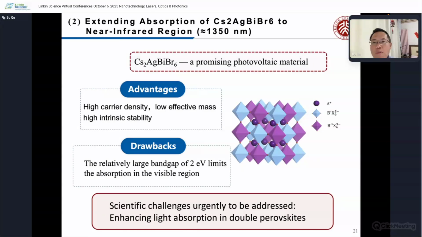Double perovskite is a promising photovoltaic material with the advantages of high carrier density, low effective mass, and high intrinsic stability. However, the relatively large band gap of 2 eV limits the absorption in the visible region. Therefore, the scientific challenge urgently to be addressed is enhancing the light absorption in double perovskites.